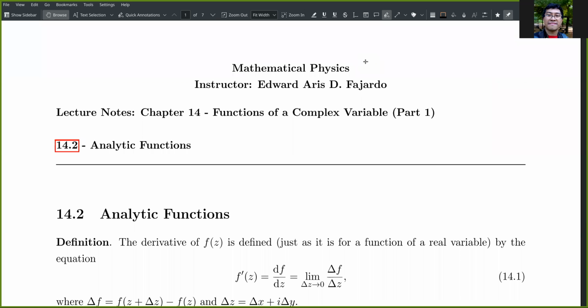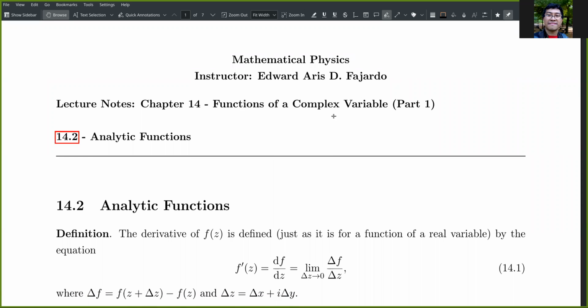Now let us talk about functions of a complex variable.